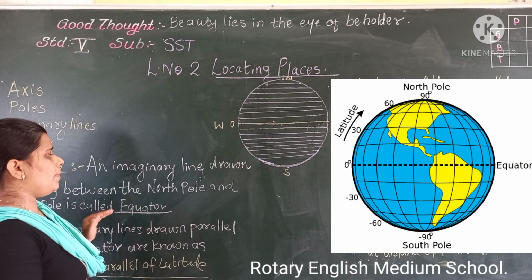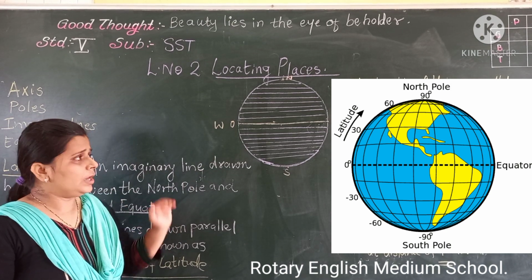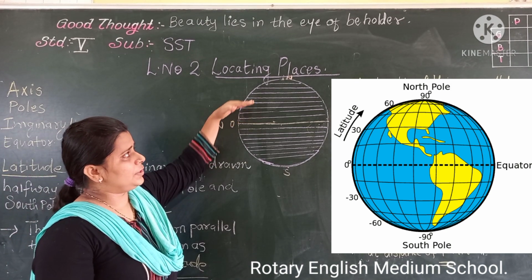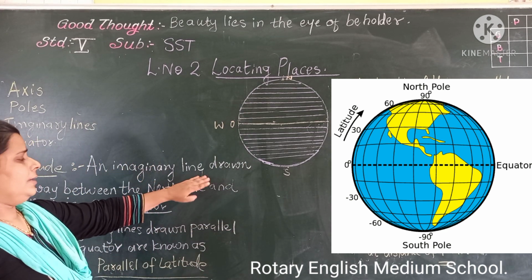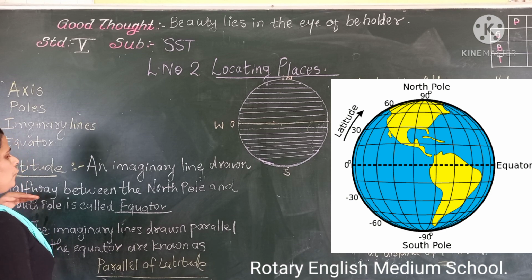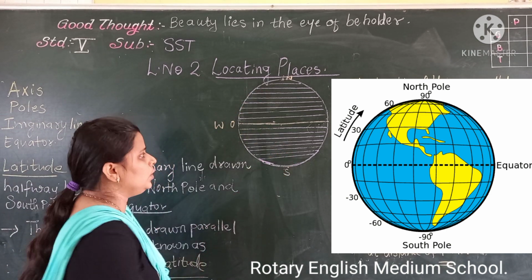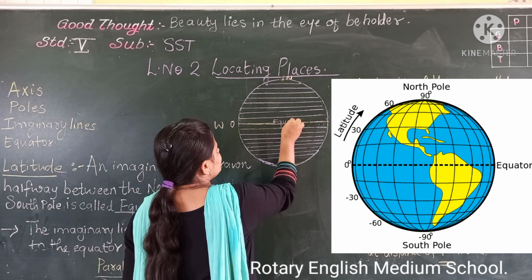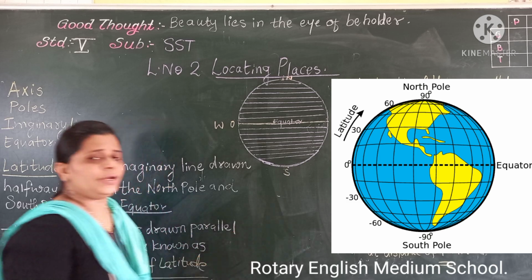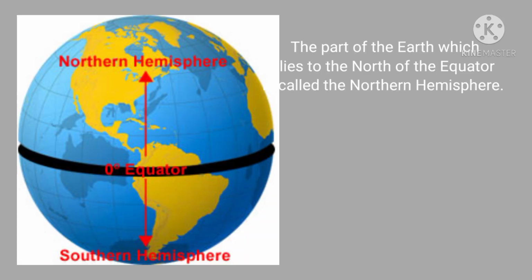So first we talk about the equator. We discussed it last week. It divides the earth into two equal parts. An imaginary line drawn halfway between the North Pole and South Pole is known as the equator.